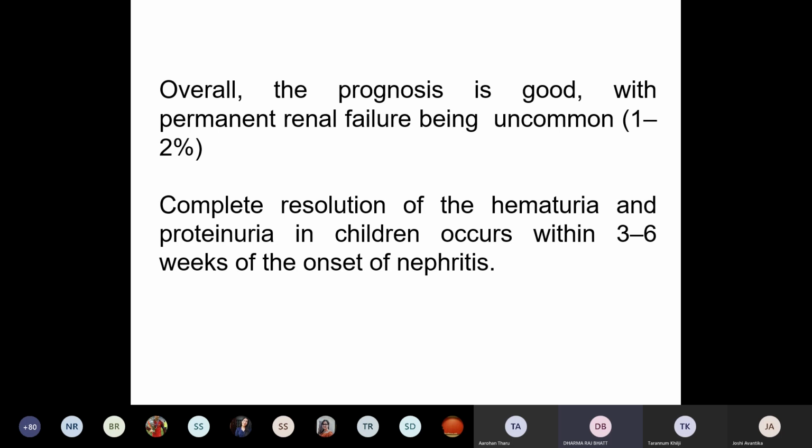The common clinical features include hematuria and proteinuria, as it hampers the function of the kidney. Resolution of hematuria and proteinuria among children generally occurs within 3 to 6 weeks of the onset of the nephritis, and the children gradually improve, while permanent renal failure is a rare complication.